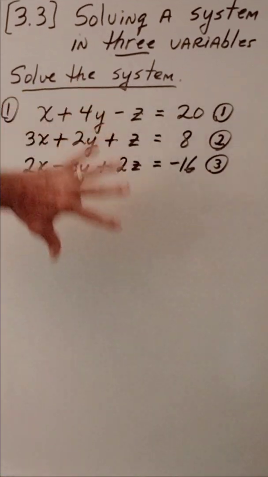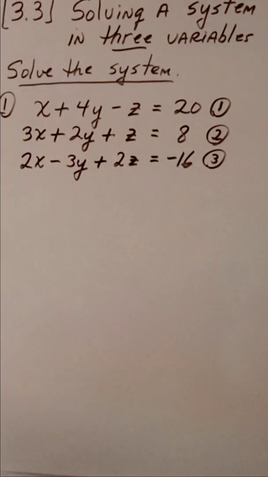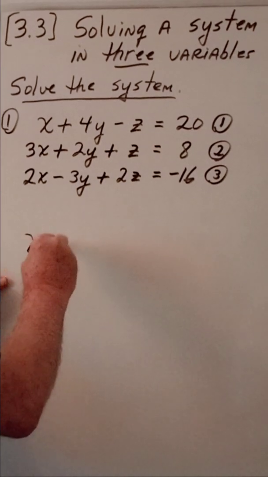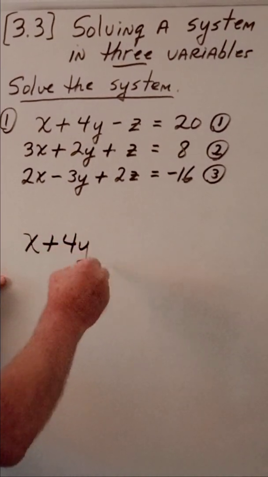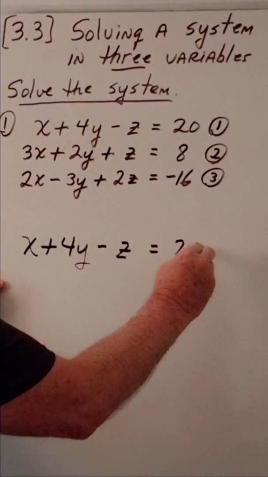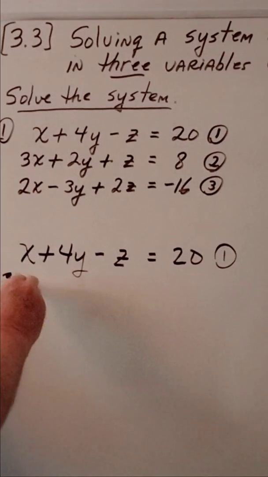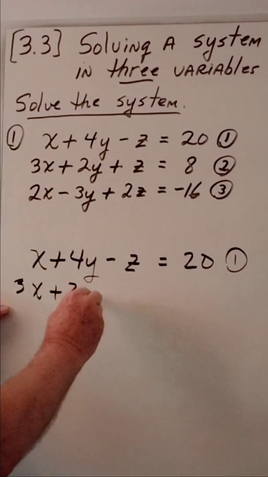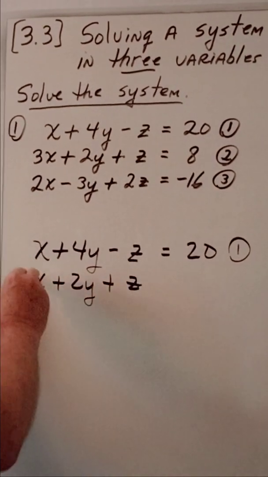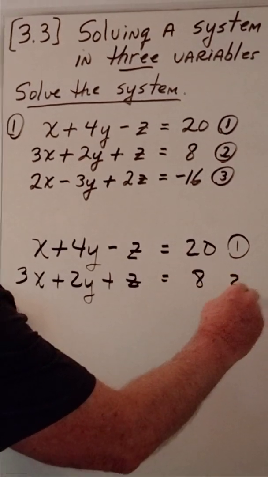So, right about in this spot, I'm going to copy down equations 1 and 2. x plus 4y minus z is equal to 20. That's number 1. And then number 2, 3x plus 2y plus z is equal to 8, and we'll call that number 2.